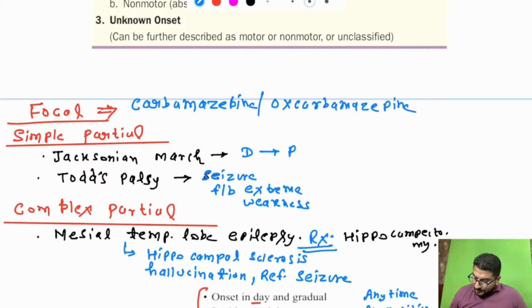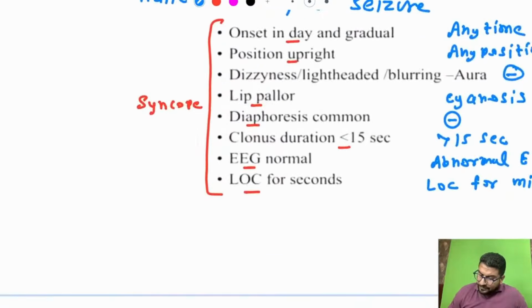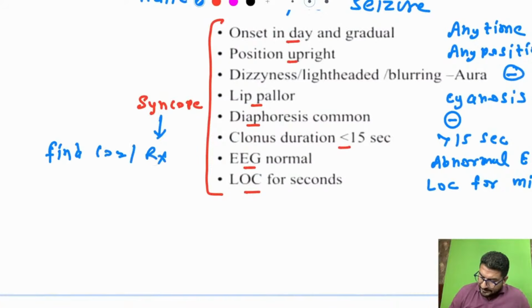Now coming to syncope. In syncope you have to do symptomatic management, means we need to find the cause and treat it. Give the patient water, hydrate, right? Maybe syncope is occurring due to hyponatremia, correct the sodium. Due to water deprivation, then give water. Sometimes even hypoglycemia, low sugar causes syncope, so we need to treat that.